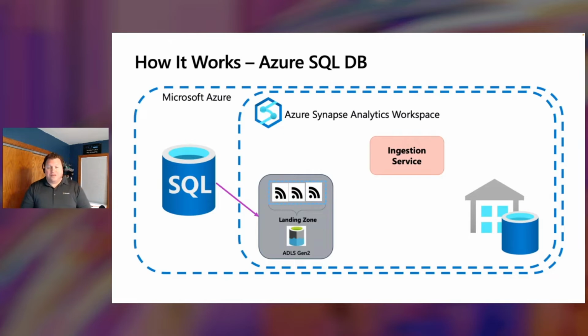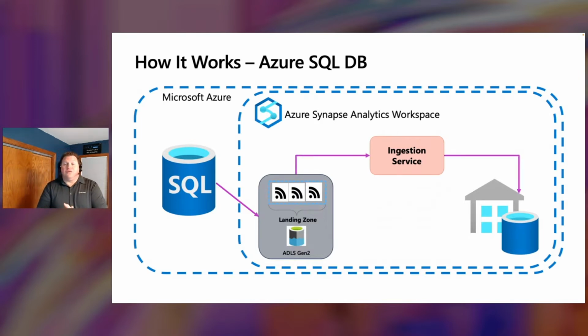When you first start the link, we output the entire table. So if you set up a table, you can set up multiple tables. When you do the initial setup of this, we export the entire table into the landing zone. And then from there, the ingestion service picks it up and loads it into your dedicated SQL pool.